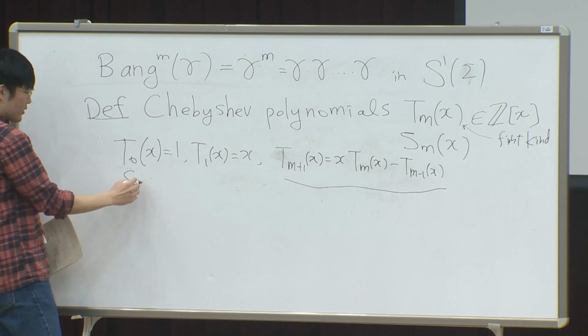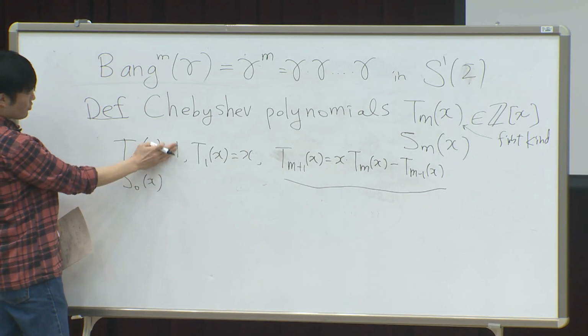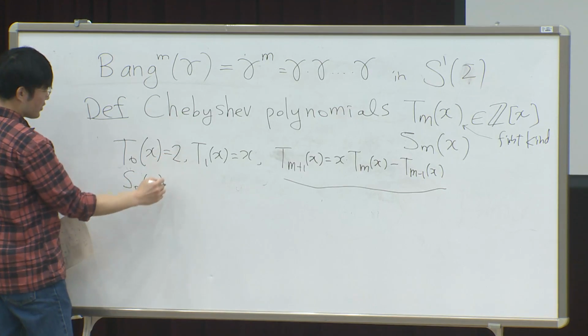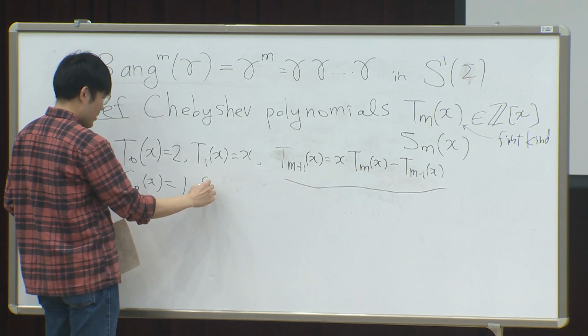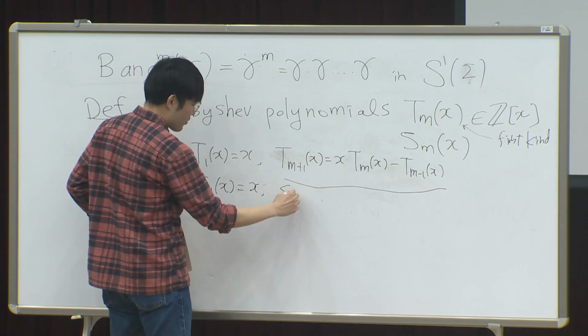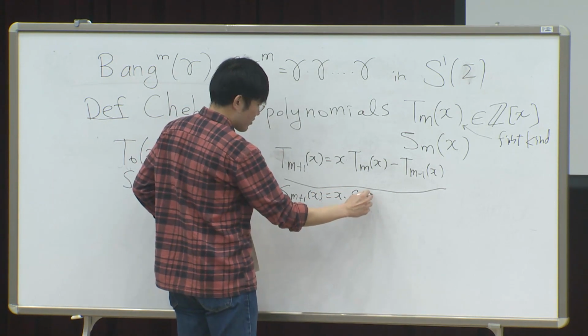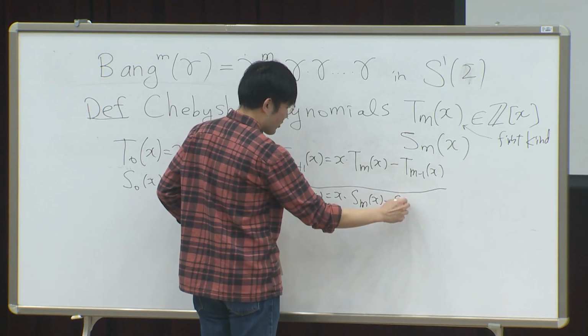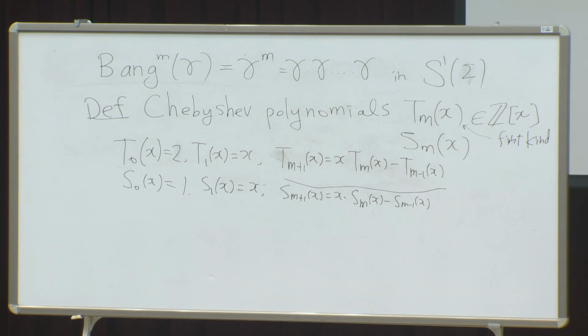And the second is almost the same. In fact, this should be 2. It's actually the key difference. So this is the only difference. The others have the same defining relations. And these polynomials were known for a very long time.